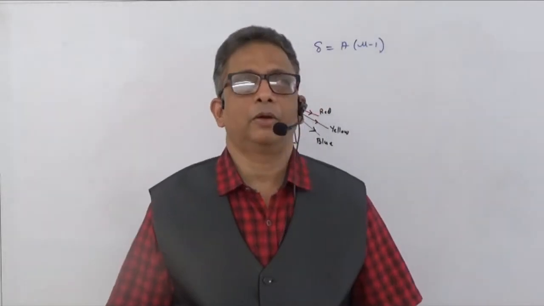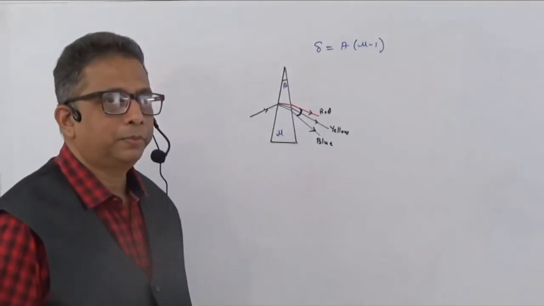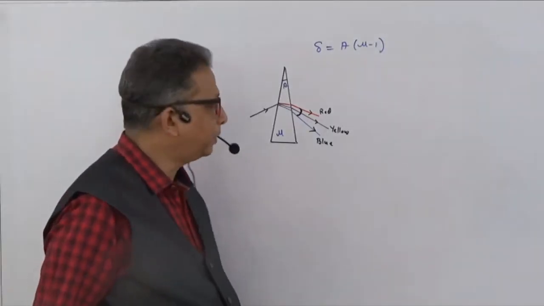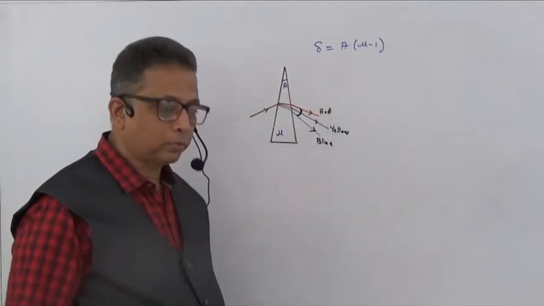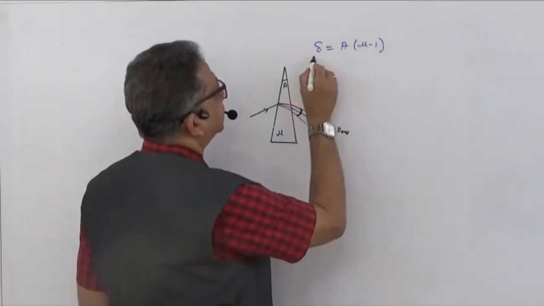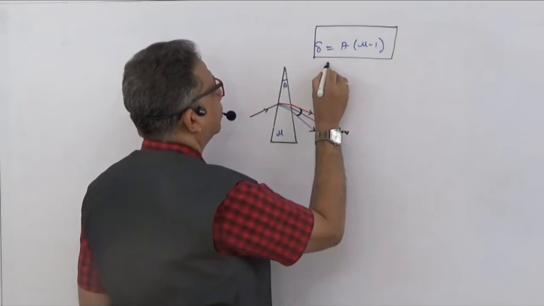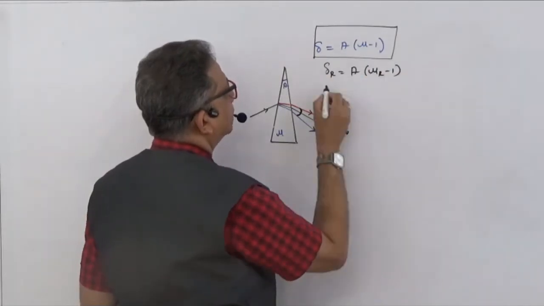And for that we are going to make use of the equation, that is the angular dispersion of red and violet, because these are the two extremes. By how much angle they are separated, that is what we are going to see over here. So from this equation, this is a very generalized equation, for any ray, if I apply this for deviation of red, it will be written as mu of red minus 1.